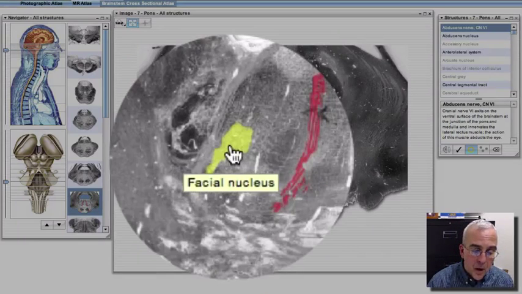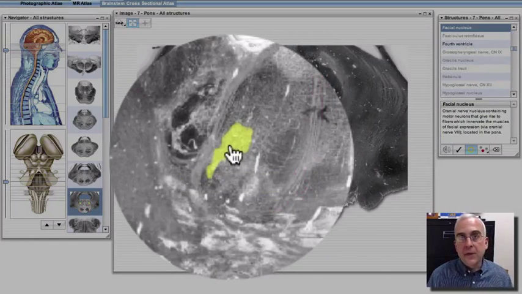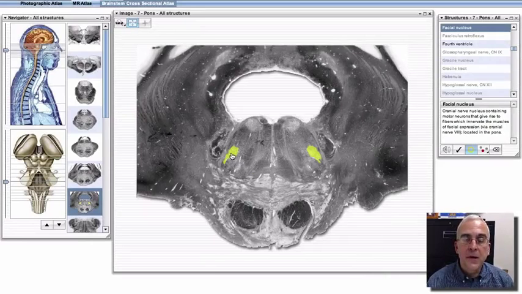Now, also in this level of the pons, we have our facial motor nucleus, and this is another branchial motor nucleus, so it's not going to be along the dorsal margin of the tegmentum, but set back in the intermediate and lateral region of the tegmentum due to the embryological migration of these branchial motor neurons.